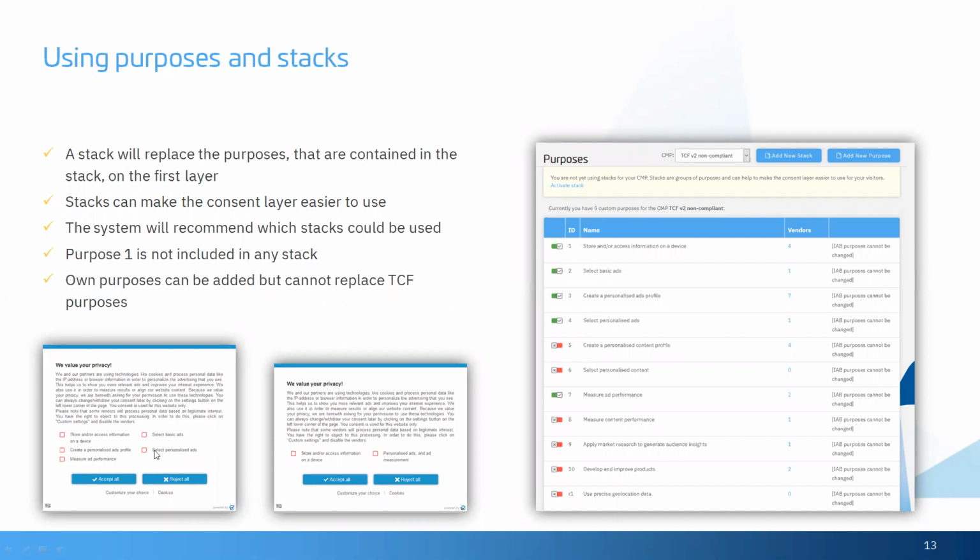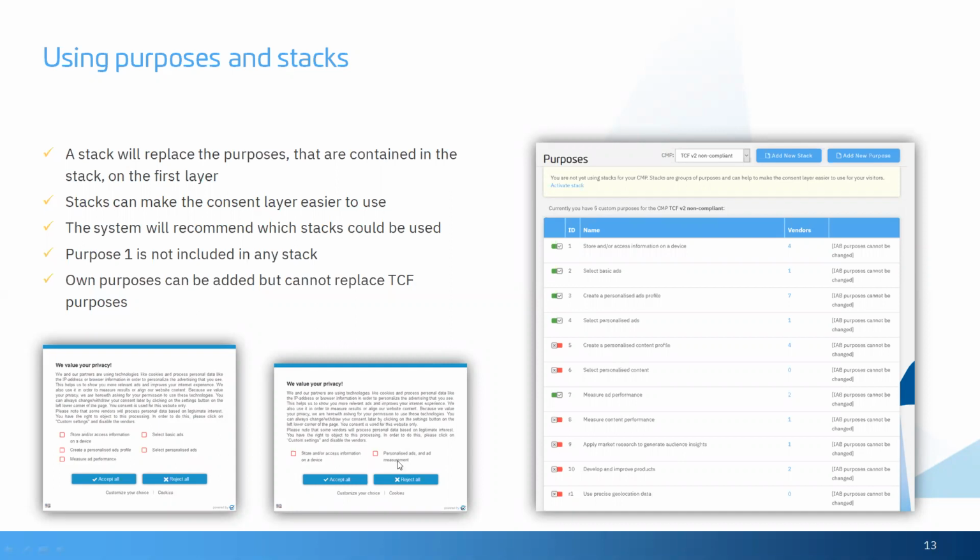Five is maybe okay, let's say it this way. But what happens if I enable all the 10 or even the special purposes and I have 12 checkboxes? That might be a bit much. And that's where the stacks come into play. So you would scroll down below the purposes list, there's the stacks list. The system will recommend stacks to you that you could use in order to replace the purposes.